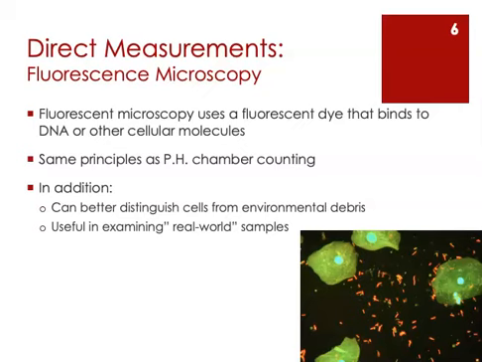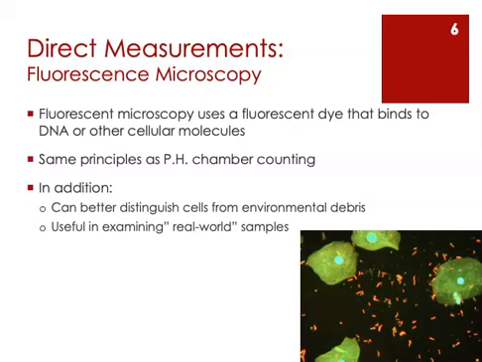These dyes bind to particular materials within the microbial cells, and then when we take the slide to a fluorescent microscope, the microscope has the ability to shine light of a particular wavelength through the sample, and that light will cause the fluorescent dyes to fluoresce, to give off a very bright color.